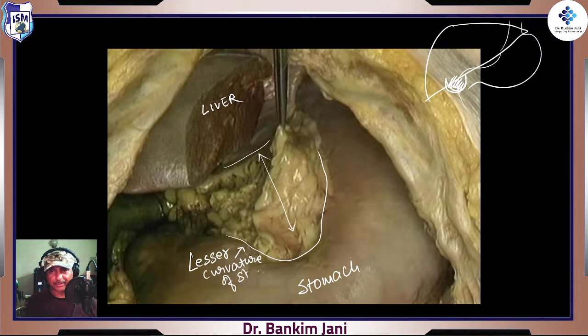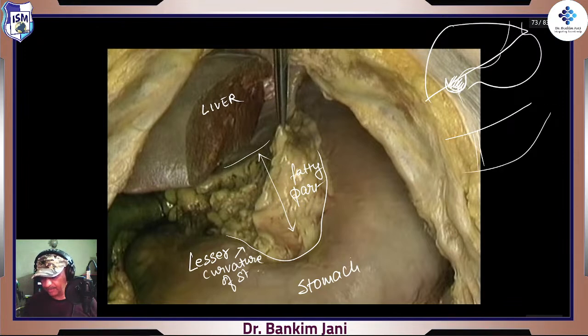there is a fatty part, this is where the fat accumulation is. So that's the fatty part. It goes like this: this is the liver, that's the stomach, and this is what we are watching.